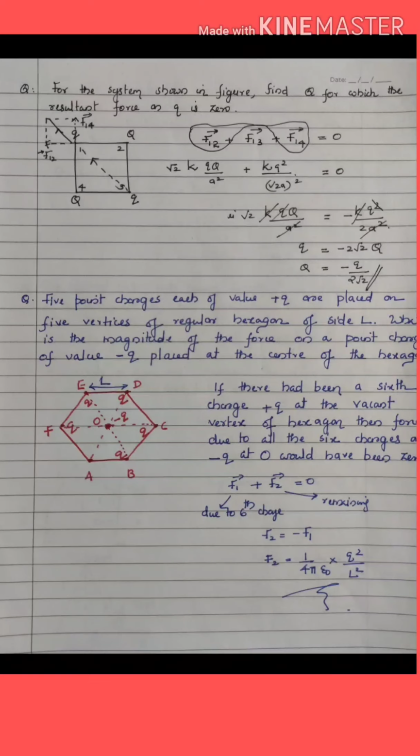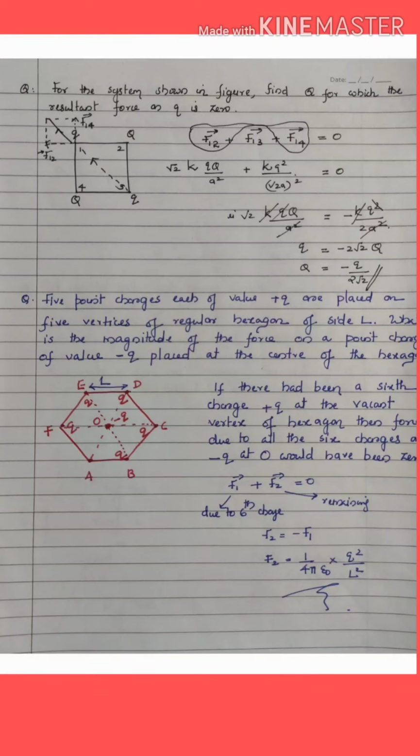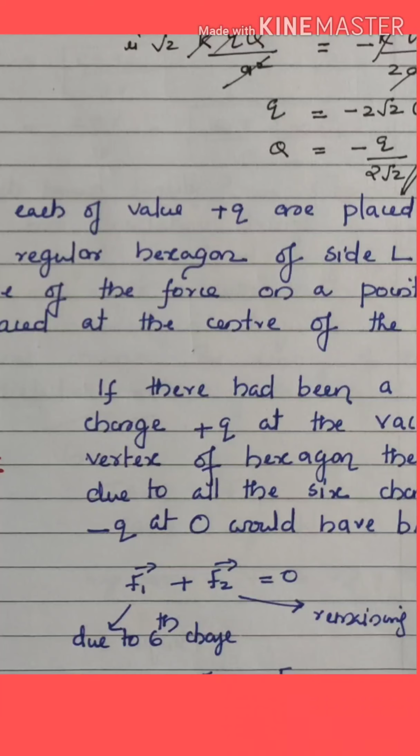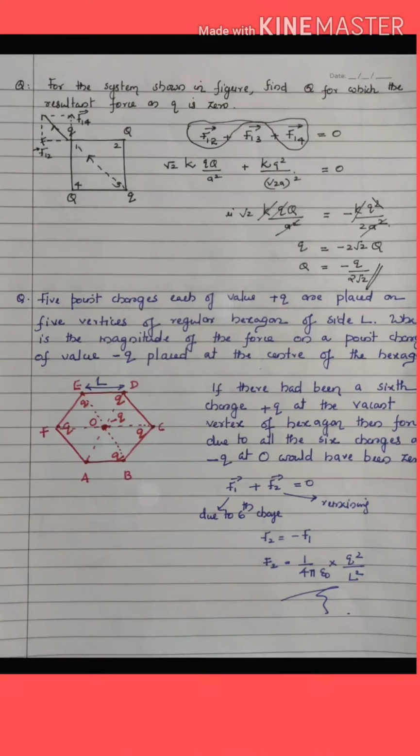If there were another q on that vertex, the net force would be 0. That means F due to that one plus F due to all the others has a resultant of 0. So F2 equals minus F1, which is nothing but the force due to a single charge, 1 by 4 pi epsilon 0, q square by L square.